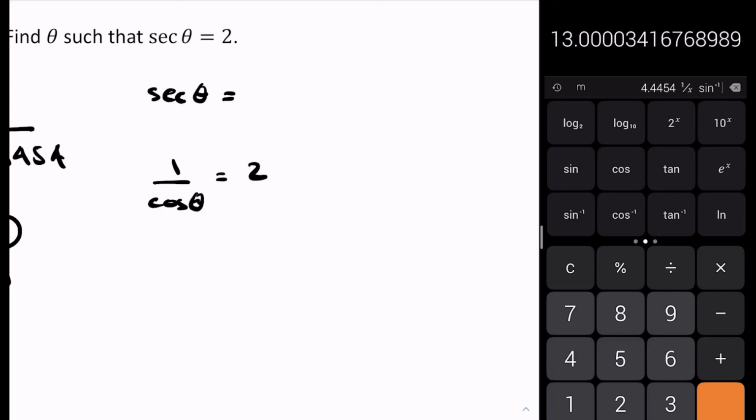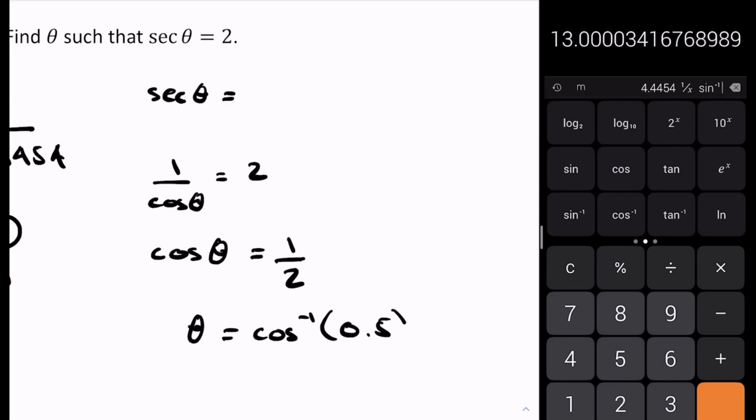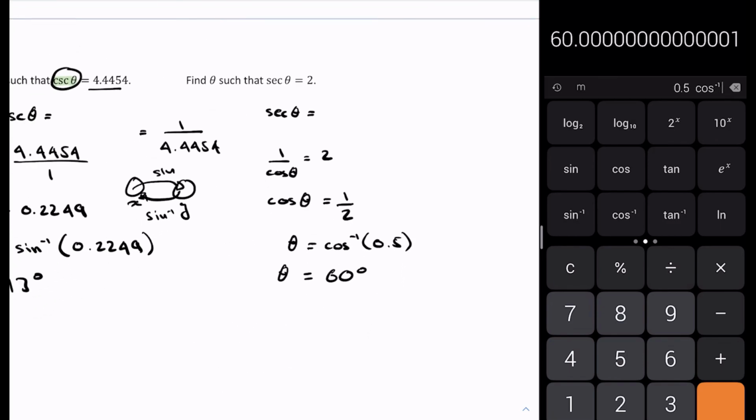Like before, I did the reciprocal of the fractions, so I now have cos theta equals 1 over 2, and therefore theta is going to be the cos inverse of 0.5, which gives me, let's enter this in over here, 0.5 cos inverse, and I get a theta of 60 degrees.